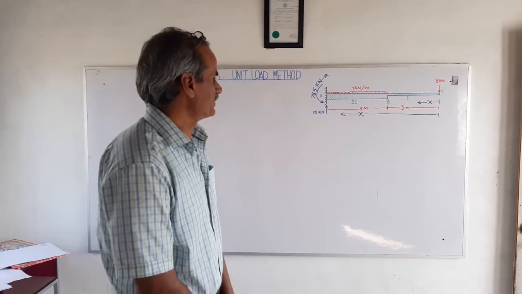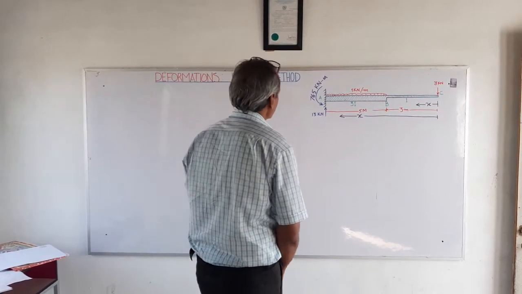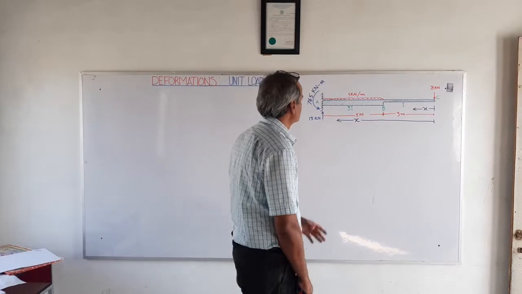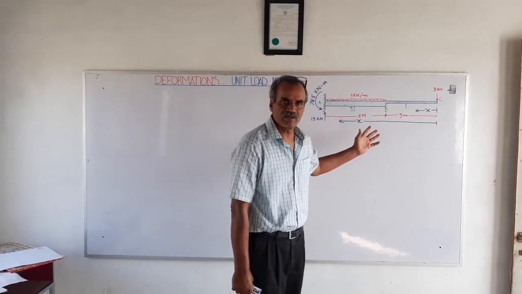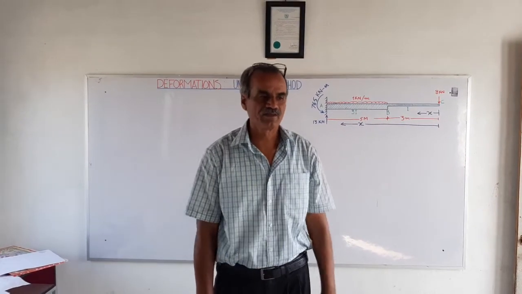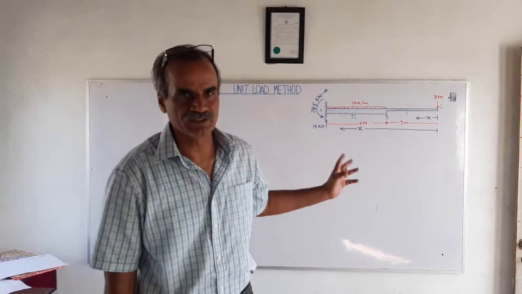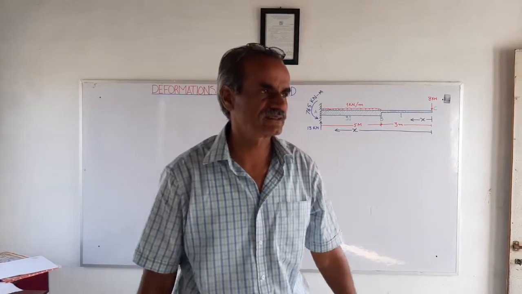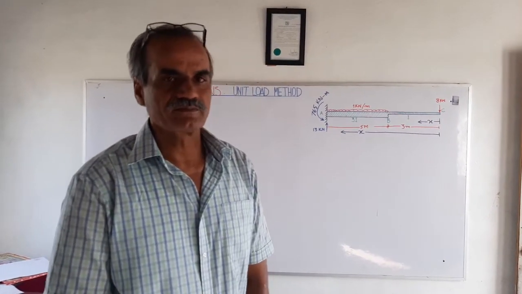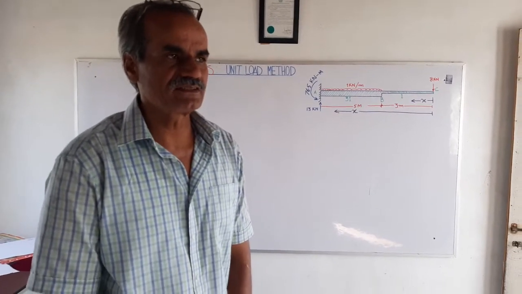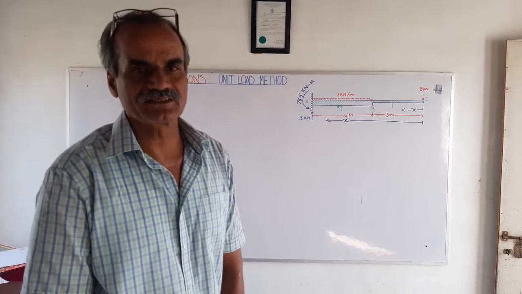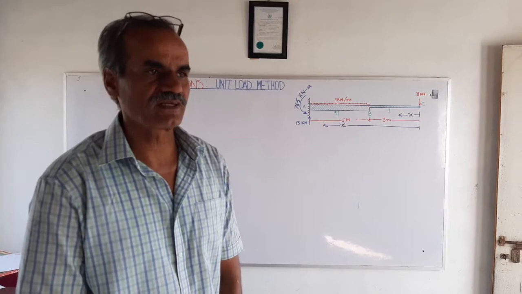The structure which I have chosen for you is a cantilever beam, and I have chosen it purposely because it has two more varieties or contingencies which address a lot of your doubts.